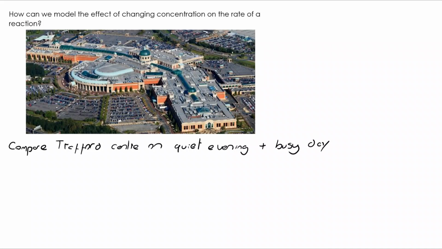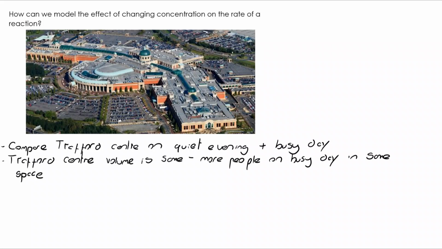So I want you to consider going to the Trafford Centre on a really quiet evening compared to on a very busy day. And if we do that, we can see that actually the Trafford Centre is still the same size, it's the same volume. So if we go on a busy day, we've got more people, but within the same space.